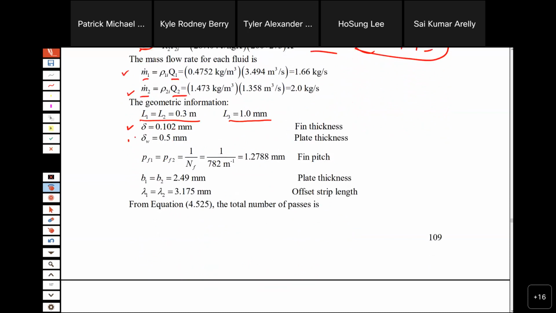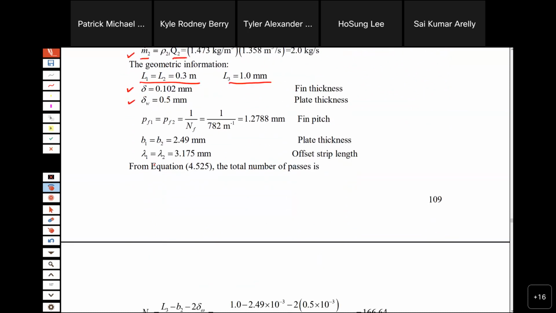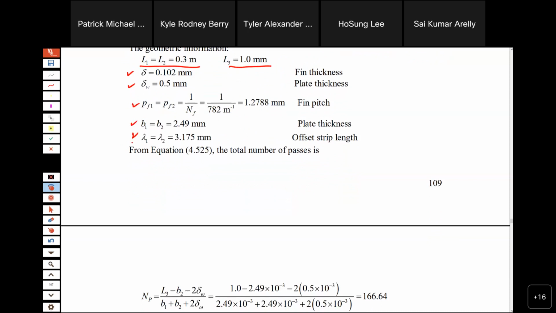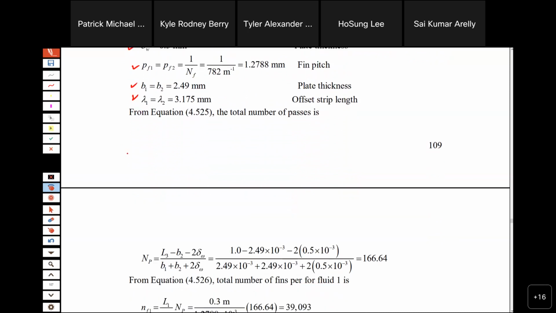And then thickness, this is fin, this is wall thickness, and this is pitch. B1, B2 is the same. Lambda 1, lambda 2, offset strip length is the same.